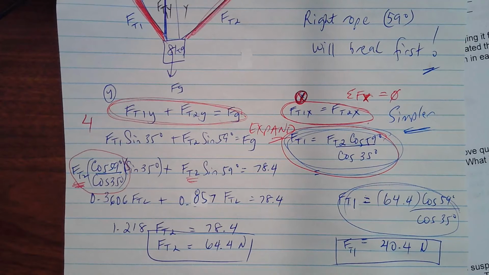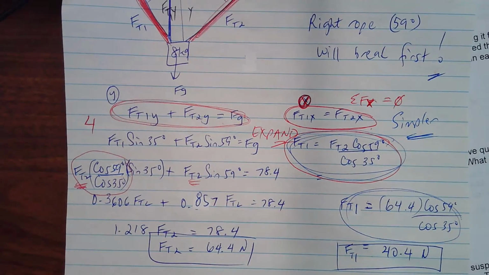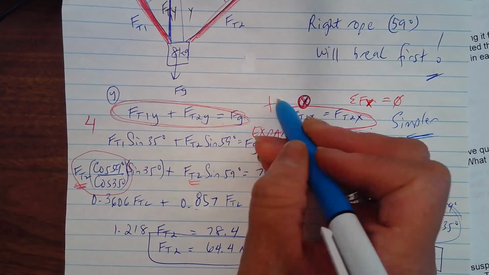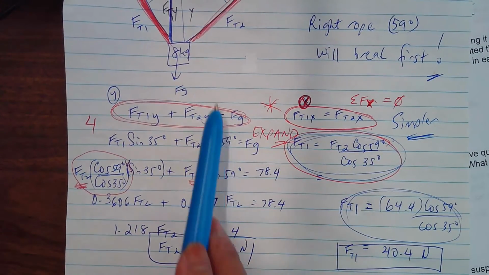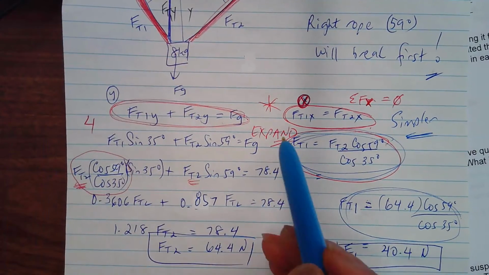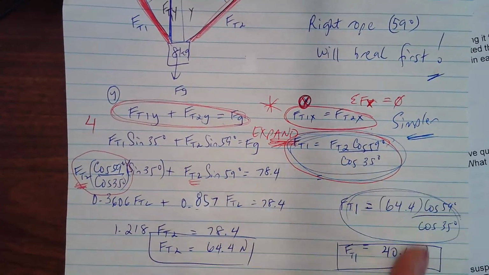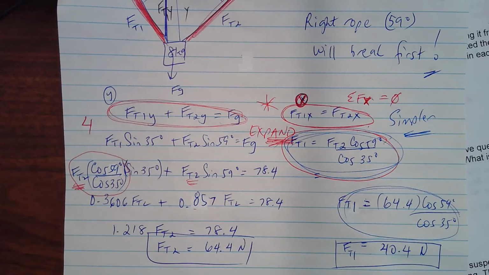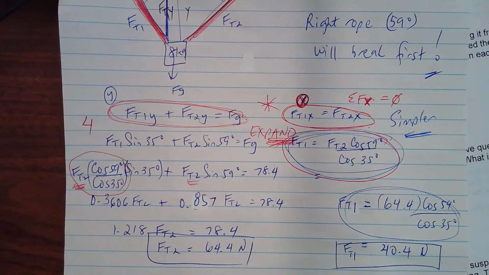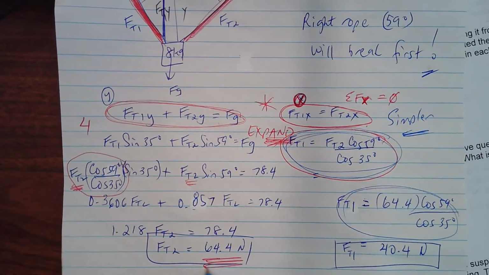And you're just combining like terms. Now from here on, it's just pure math. The most important thing here is to know how to write the FBD equation from the picture and know how to expand it. And the rest is substitution. So there's your FT2, solve for FT2. Your FT2 is 64.4.